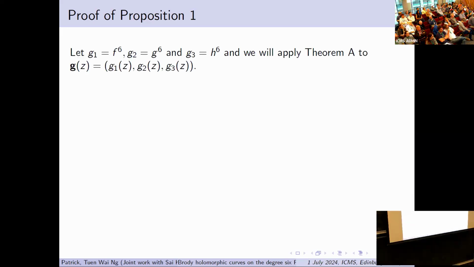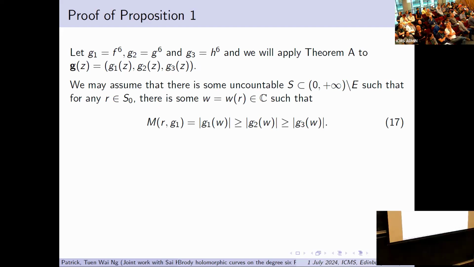The proof would be based on this vector valued Riemann-Nevanlinna theory. So I'm going to rewrite f, g, h to power 6 as G1, G2, G3, and then try to apply this theory to this vector value.